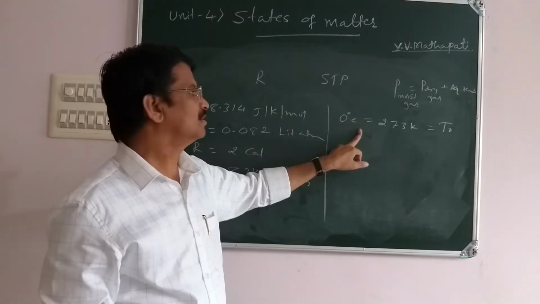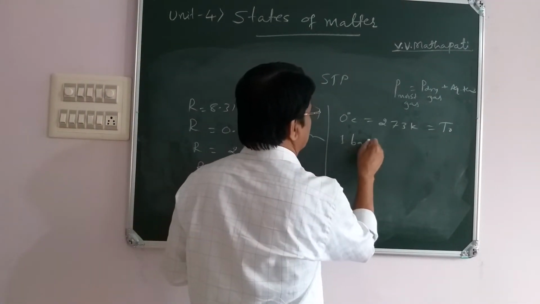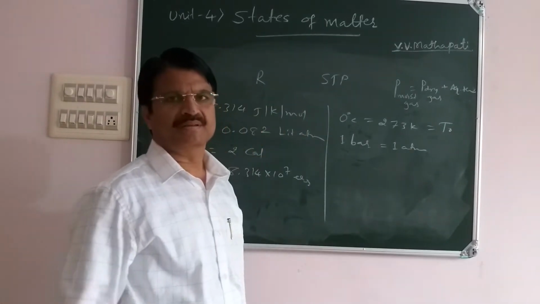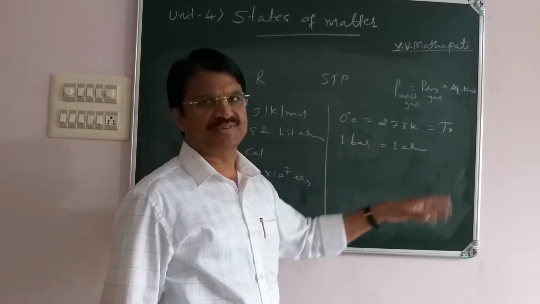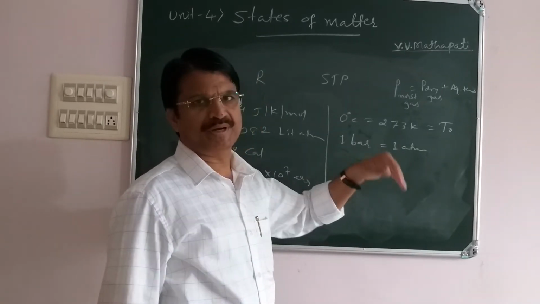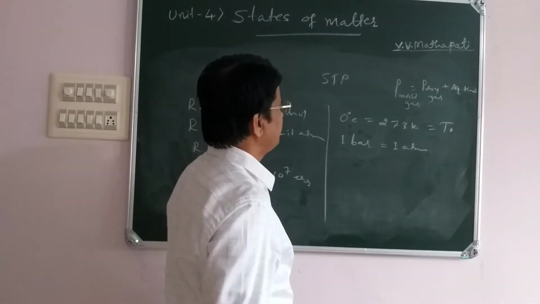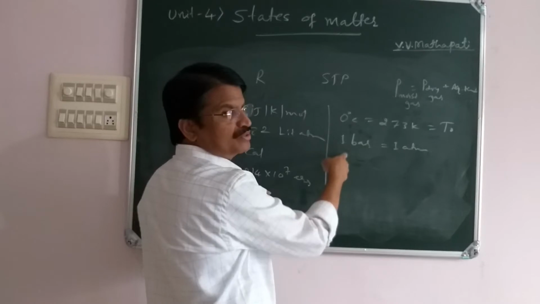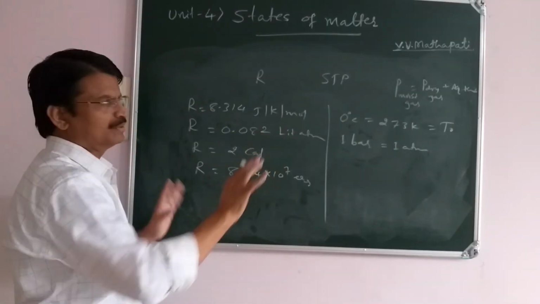Standard conditions are 0 degree, 273 K, and pressure 1 bar or 1 atmosphere also we can write. In previous days such values were used in place of 1 bar, 1 atmosphere, but actually it is 0.987 atmosphere, approximately equal to 1. So these are standard temperature and pressure values, used while solving the problems.